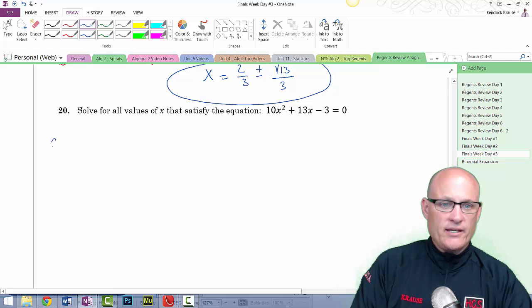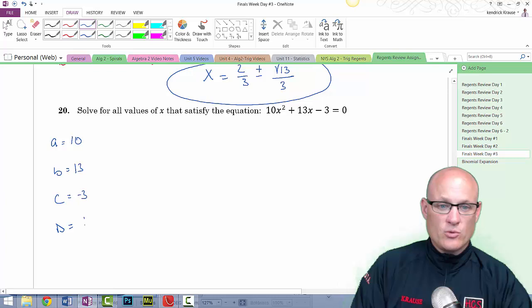So A equals 10, B equals 13, C equals -3. The discriminant is equal to 169 minus 4 times 10 times -3.